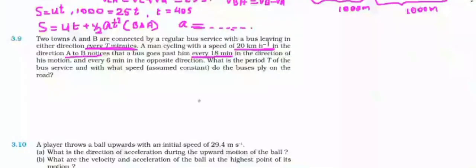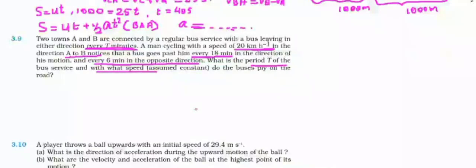And every 6 minutes, he could find a bus traveling in the opposite direction. Then what is the period t and what is the speed of the bus? And buses are traveling with the uniform velocity or constant speed, we can say.